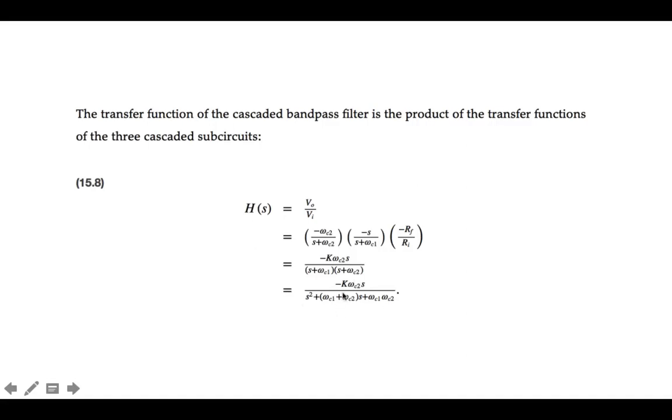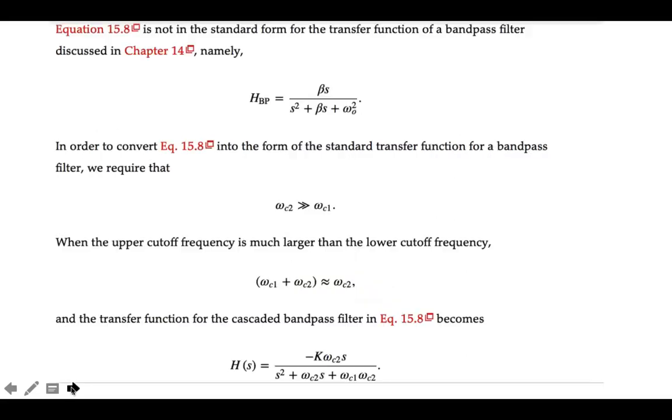You can see that the numerator and denominator terms are not the same. This is omega C2, this is omega C1 plus omega C2, so you don't have a beta up here. And also, if you remember on our passive filters, omega naught was equal to the square root of omega C1 times omega C2. So it's just a little bit different.